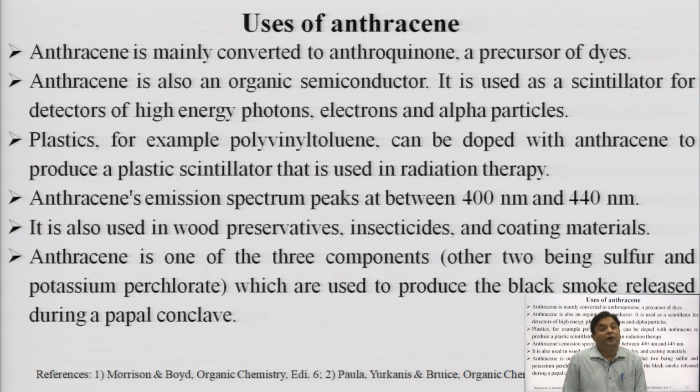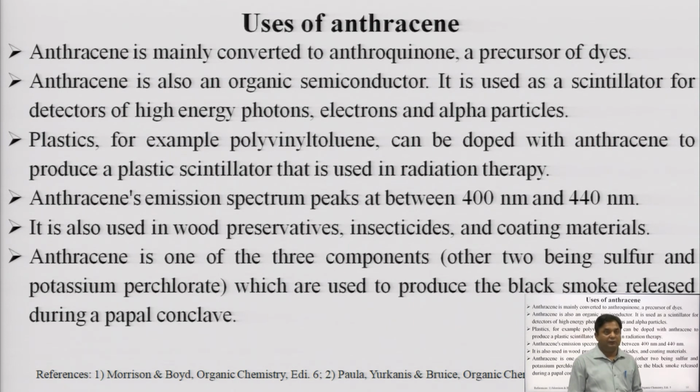It is used to convert anthracene to produce an important molecule like anthraquinone. Again, in this lecture I am telling you that anthraquinone is a very important molecule. Why? Because it is used as the precursor of dyes.